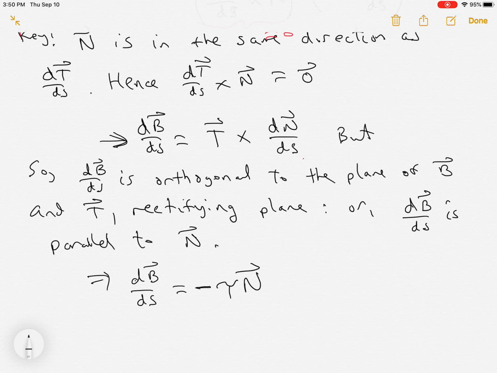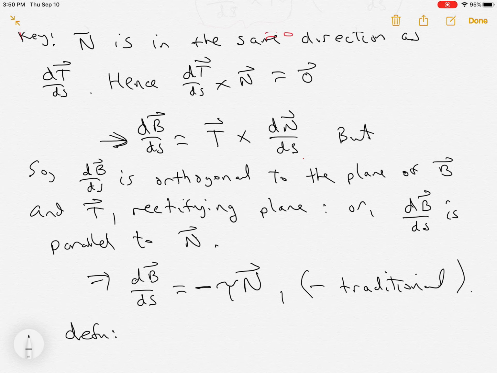Okay? So this says dB/ds, the derivative of B with respect to S, is equal to minus tau times N, scalar multiple. And this negative out in front here is traditional. So in other words, if tau is negative, then this whole term is positive. And if tau is positive, this thing's negative. It's just the way it's done, so we're going to stick with tradition.